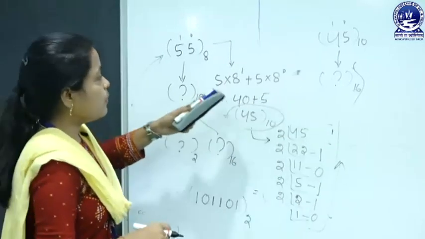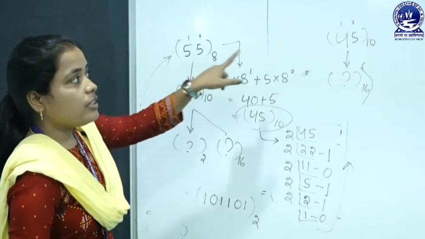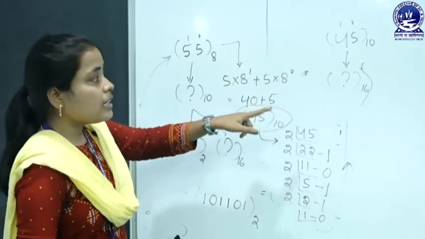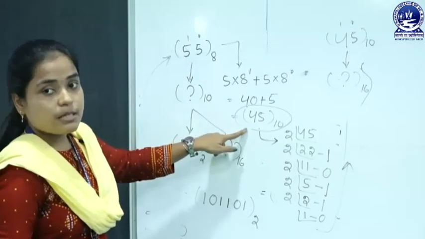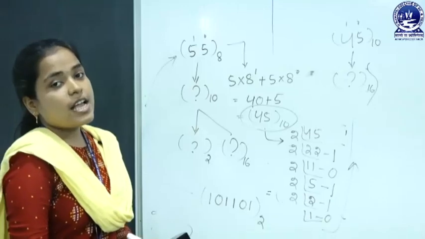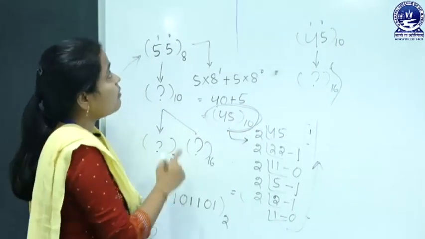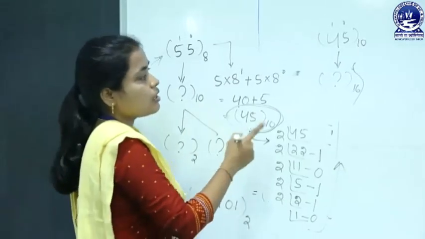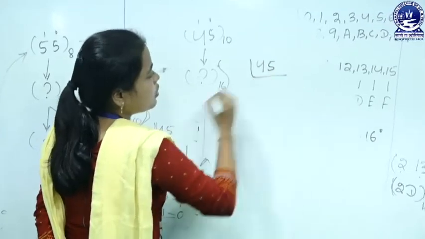As I have told you before, we cannot directly convert this octal value into its hexadecimal value. For that we have to first convert this octal value into its decimal value, then from the decimal value you can convert into its hexadecimal value. So we have the decimal value for this number. Let us convert it.